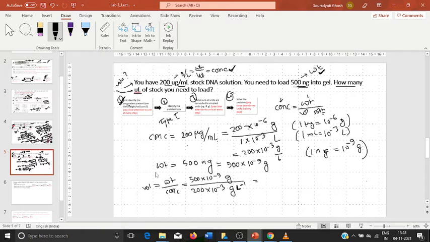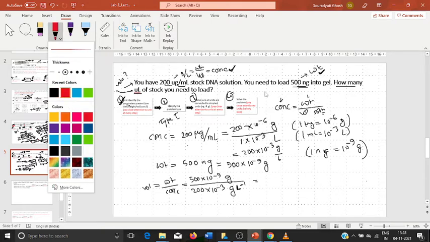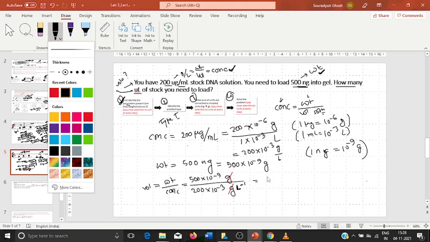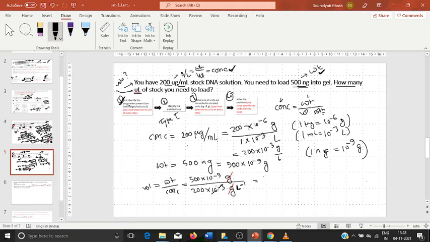So you cancel out the gram, and the liter inverse goes to the numerator and becomes liter. The powers become 10 to the power minus 6, and after cancelling we end up with 2.5 into 10 to the power minus 6 liter.